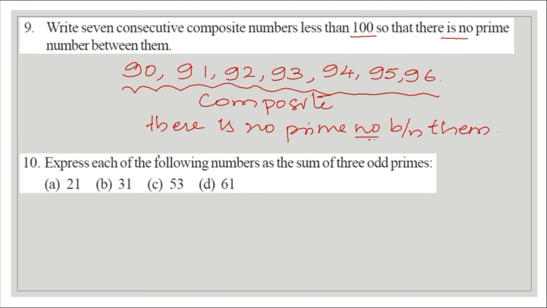Look at question 10. Express each of the following numbers as the sum of 3 odd primes.